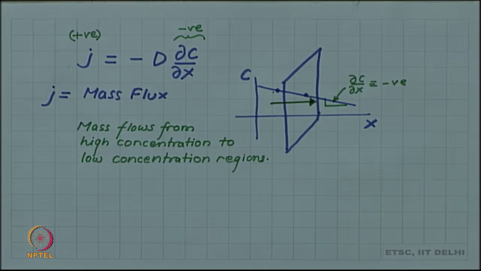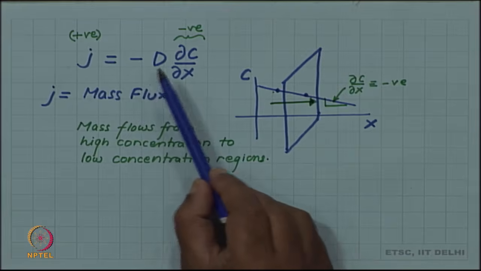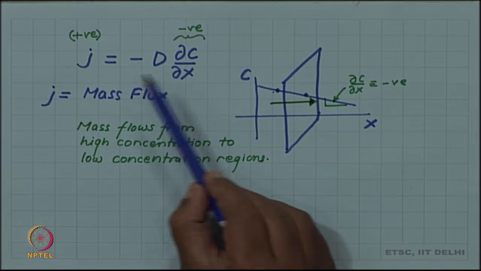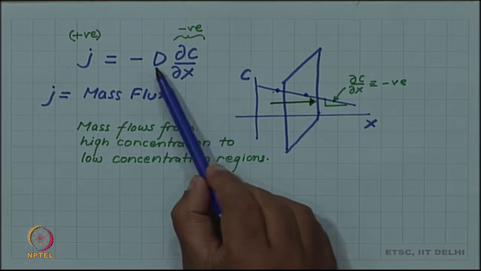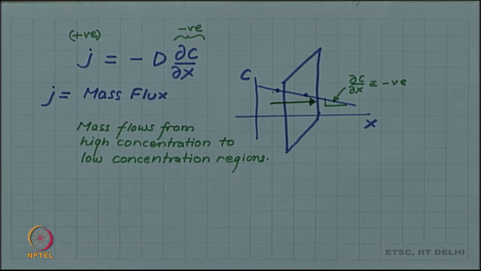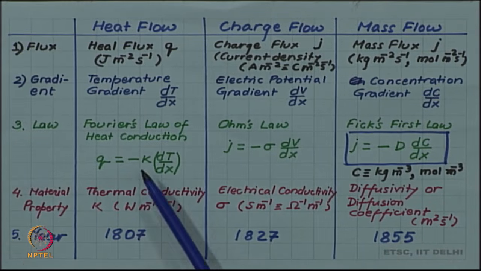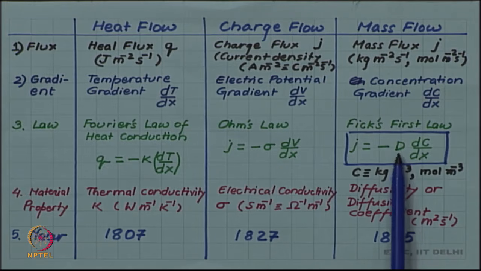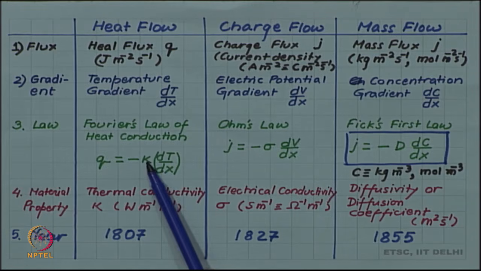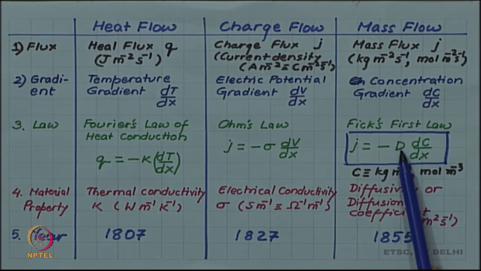And since we want to associate the proportionality constant with the material property, it will not be nice to have a negative sign with a material property. So, by convention that is the reason why we have put a negative sign. This negative sign has no fundamental derivation, this is just a desire by the scientific community to keep the thermal conductivity, the electrical conductivity, and now the mass diffusivity as positive quantities.